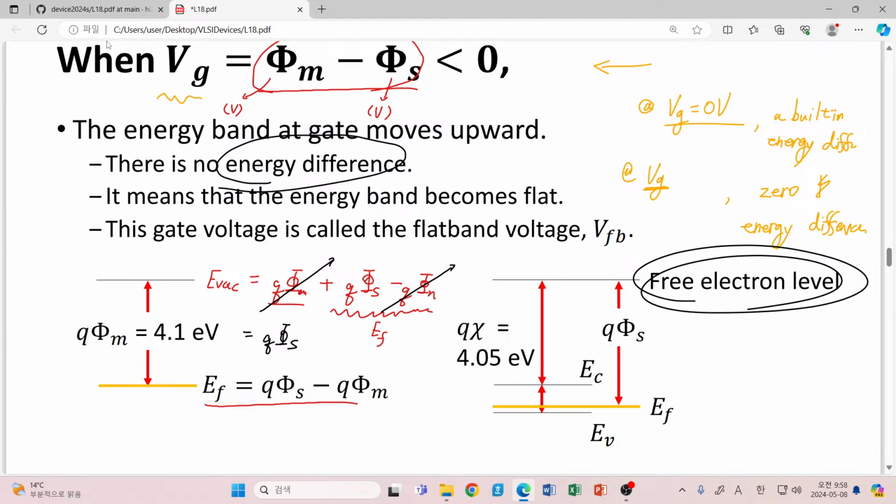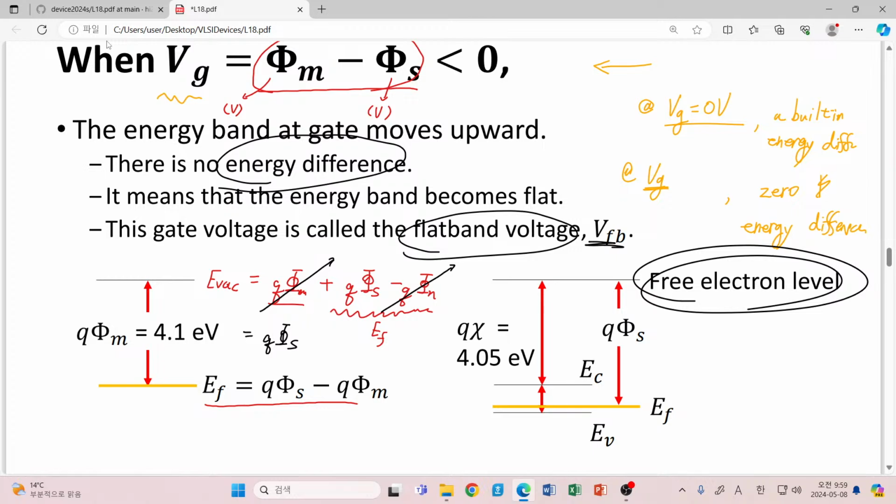Okay, so this gate voltage is called the flat band voltage, typically called V flat band. So the usual way to teach this is, instead of thinking from 0 volt of gate voltage, please shift the origin or starting point of your discussion to this flat band voltage.